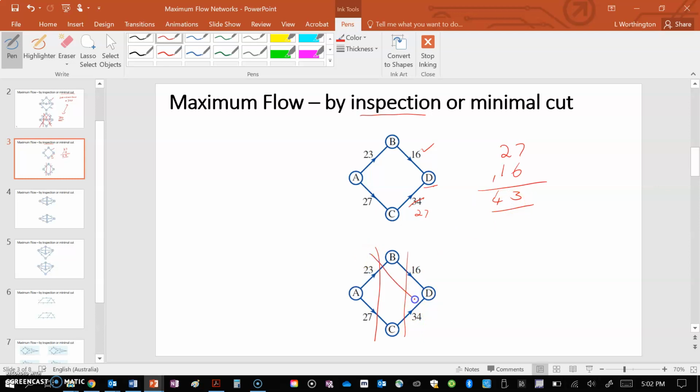If I cut it in half here, I've got the 23 and the 34 going in and out, and I know that that is not the minimal cut. But if I cut it in half this way, I'm going to get the 27 and the 16, and this is the minimal cut. And the minimal cut gives us the maximum flow that can make it to our sink, being 43.